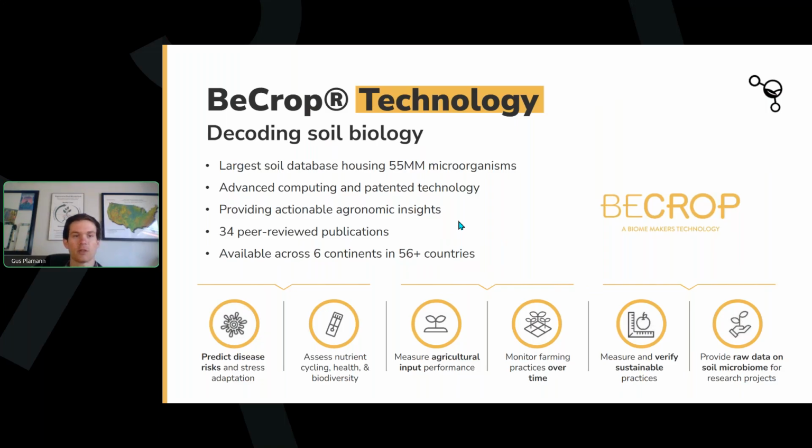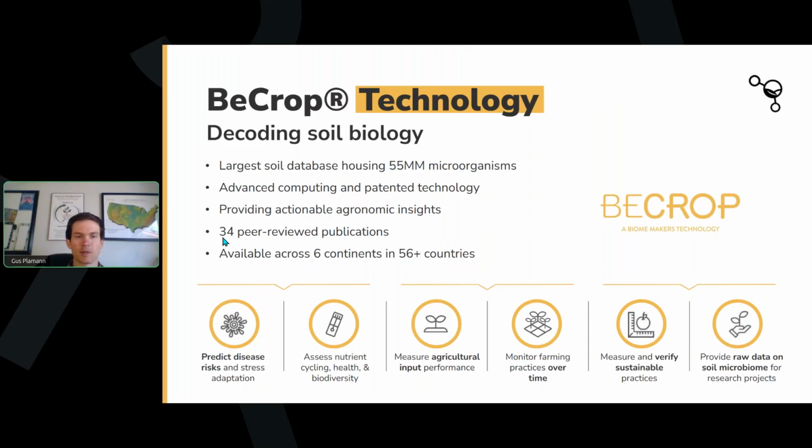What Biomakers technology is really focused on is providing insights relevant to agronomy. So focused on some of the ways that soil biology, bacteria, fungi, and other microorganisms influence farm outcomes, influence what practices really lead to the most sustainable outcomes and productivity for farmers across the world.